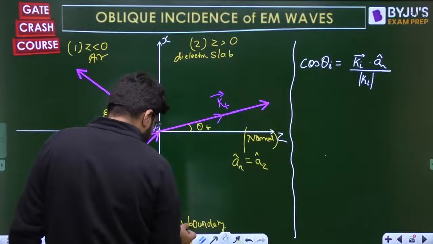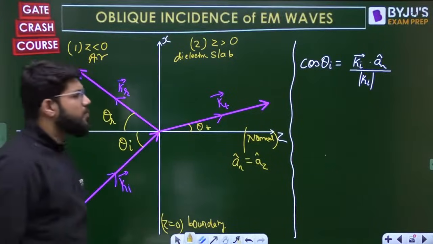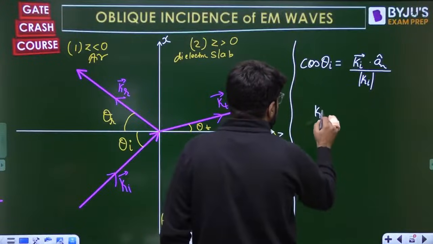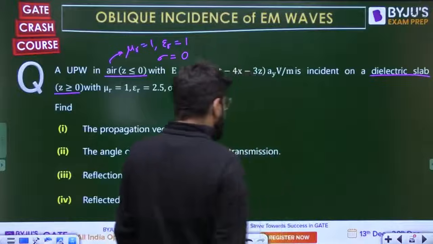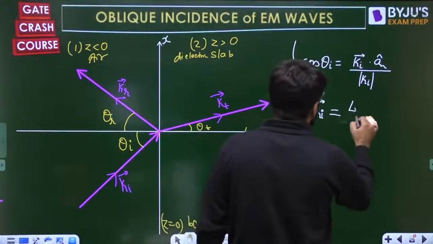Okay, so let me place down the values here. What should be the value of ki? Ki we have calculated as 4ax plus 3az.